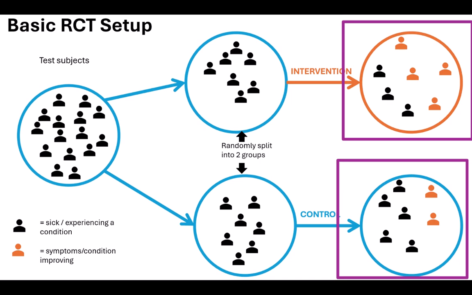And you'll see that in the intervention group, more people's symptoms or conditions improved, but you'll see that in the control group, there were also people whose symptoms or conditions improved despite them not receiving the new intervention. Researchers will want to look at why these people got better, but they'll also want to look at the people who stayed sick, even though they got the intervention.